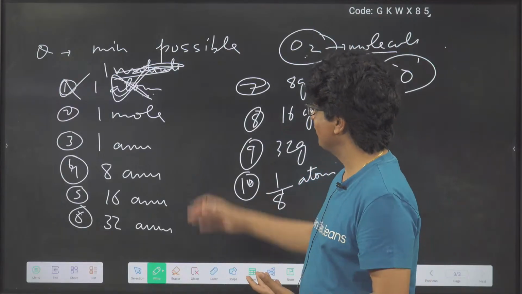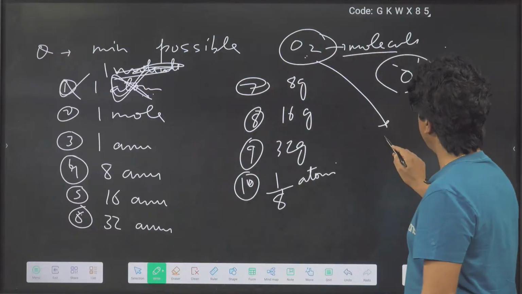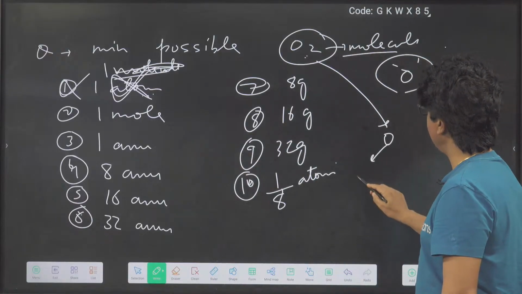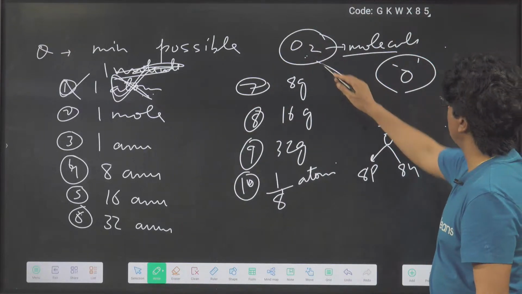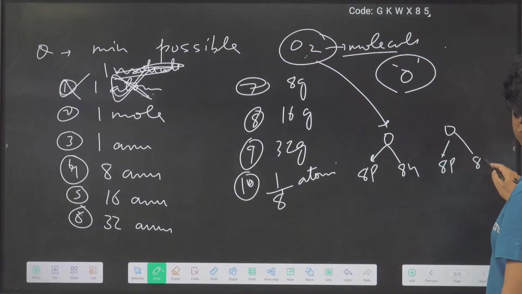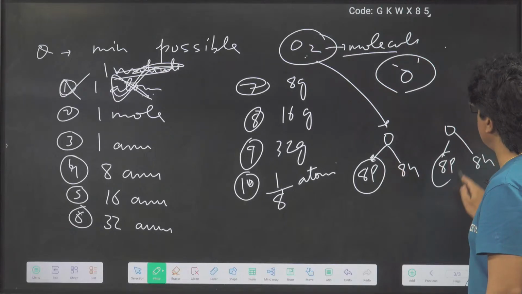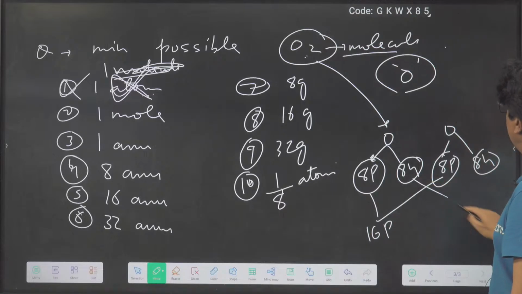Most of you have gone with 1 and 5, 1 and 6, right? Again, this is O2. Oxygen atom has 8 protons and 8 neutrons, right? O2 contains 2 oxygen atoms. So again, 8 protons and what? 8 neutrons. So the total number of protons is how much? Come on. 16 protons. And the total number of neutrons in O2 will be how much?